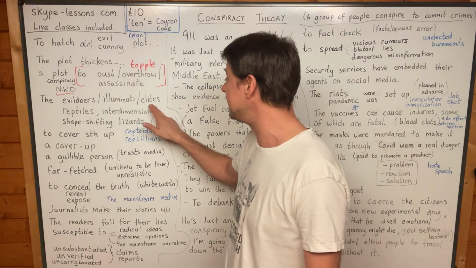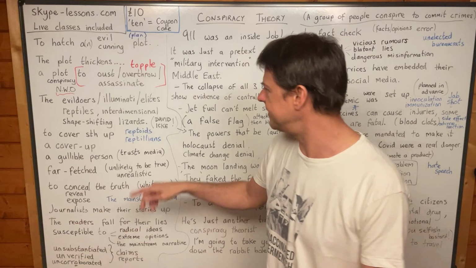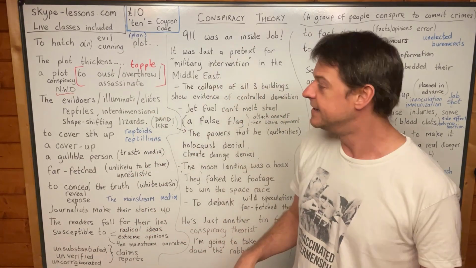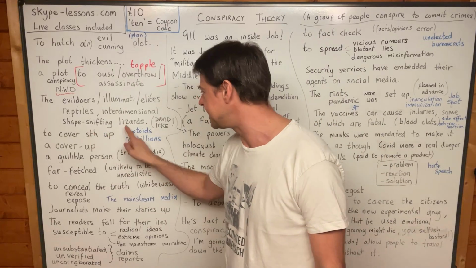So anyone who is a billionaire will certainly be one of the elites. Elon Musk, yeah, is one of the elites, certainly. But is he a reptile? Is he an interdimensional shape-shifting lizard?